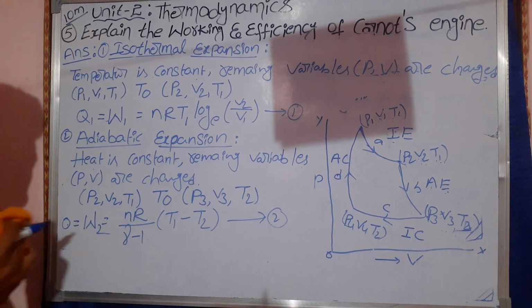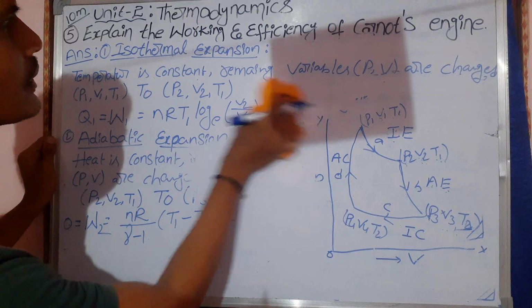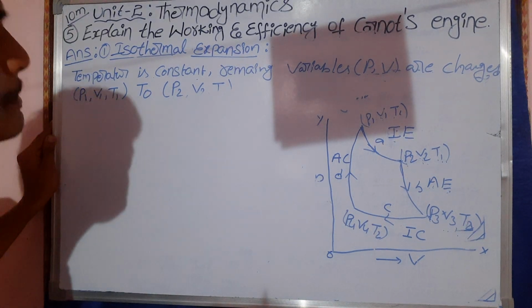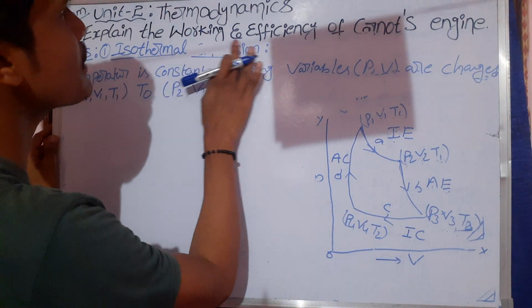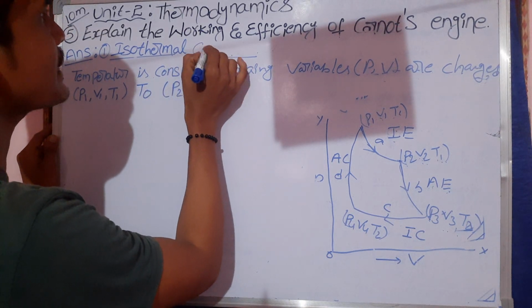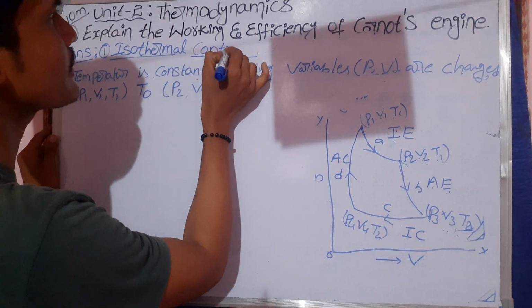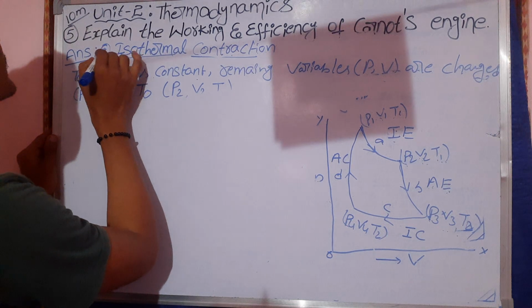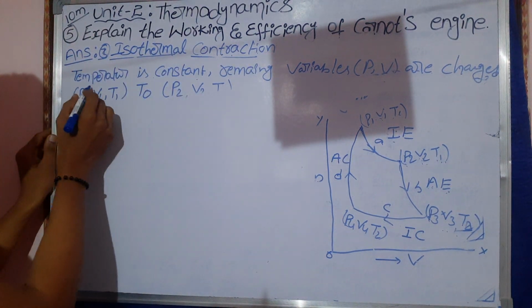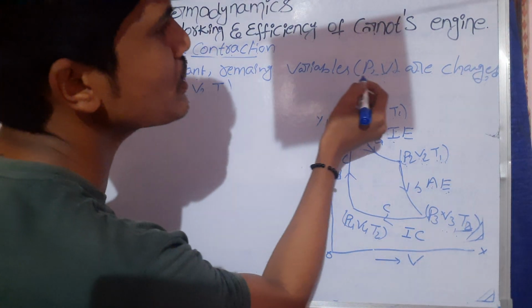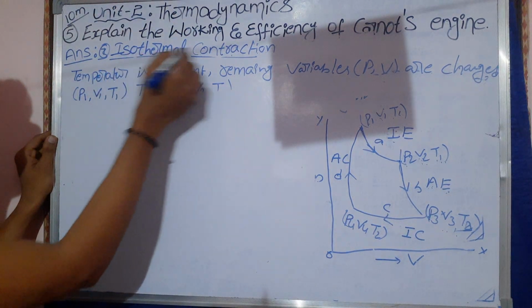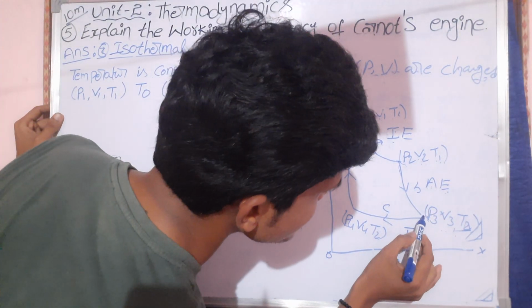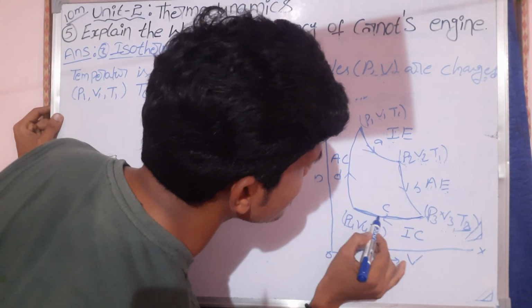Next, step 3, isothermal contraction, or compression. Isothermal means temperature is constant and the remaining variables are changed. This curve is called isothermal contraction.